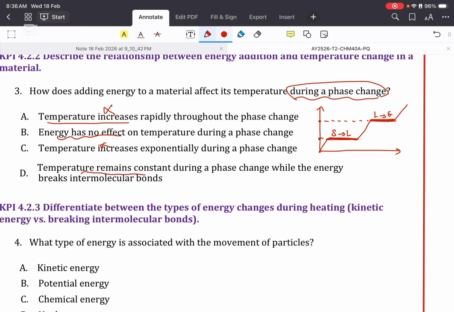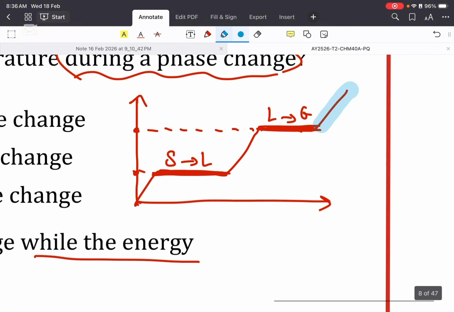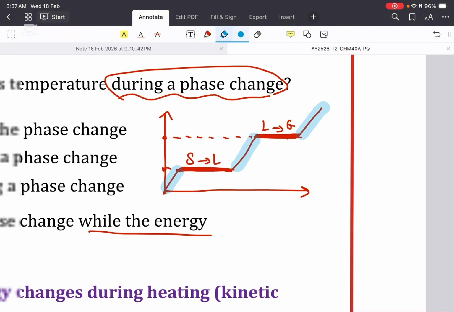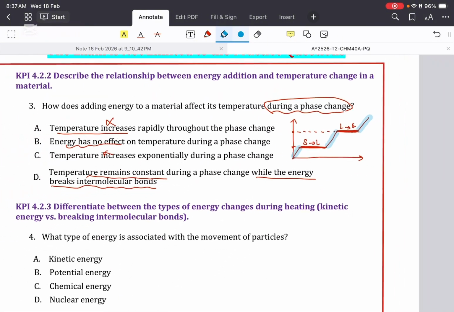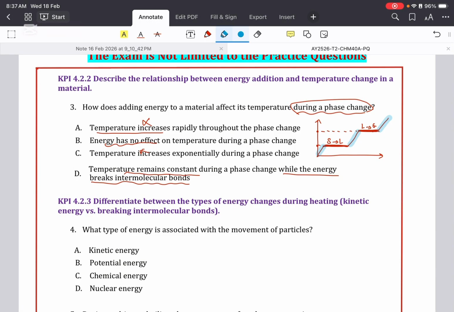The temperature remains constant, and the energy at this point is working on breaking the intermolecular forces between the particles to shift from solid to liquid or from liquid to gas. I would like to point out that in those parts of the diagram, here, the temperature increase and the kinetic energy obtained is not used to change the phase or the state of the substance.